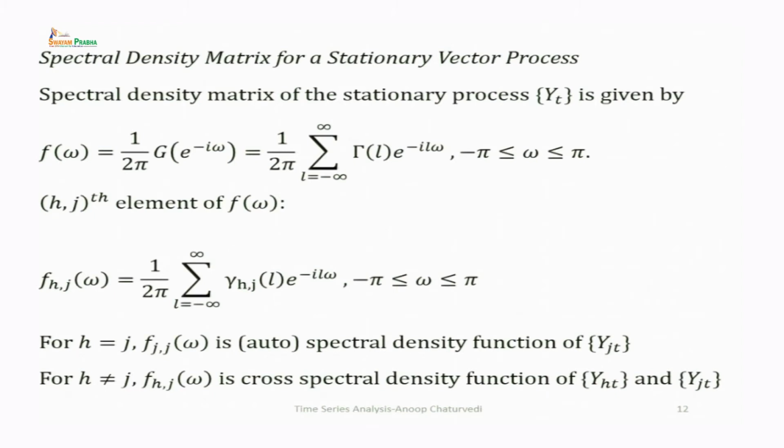So, the spectral density matrix of the stationary process y_t is given by f(omega) equal to 1 upon 2 pi G(e^{-i omega}), which is equal to 1 upon 2 pi summation L equal to minus infinity to infinity Gamma(L) e to the power minus i L omega, just like the spectral density for a bivariate time series.